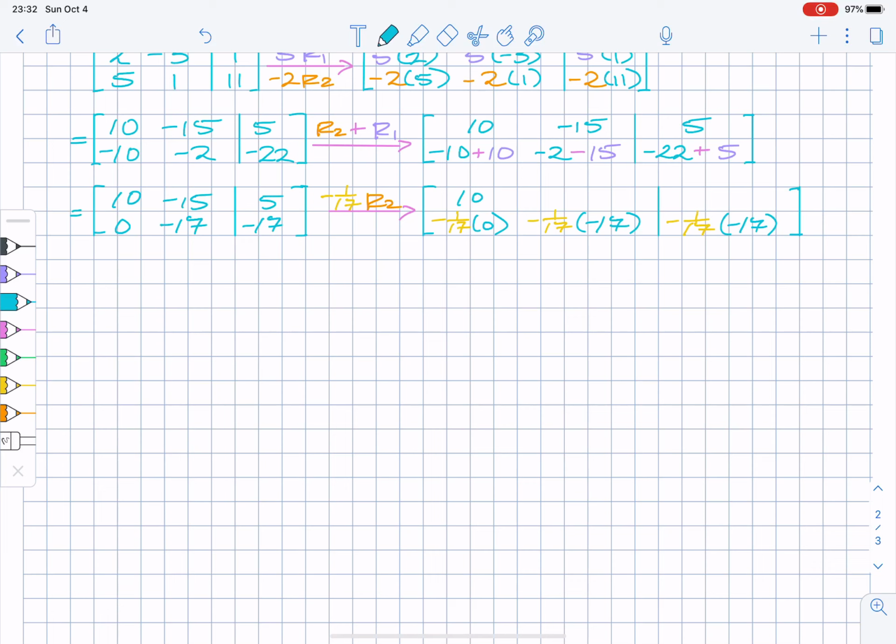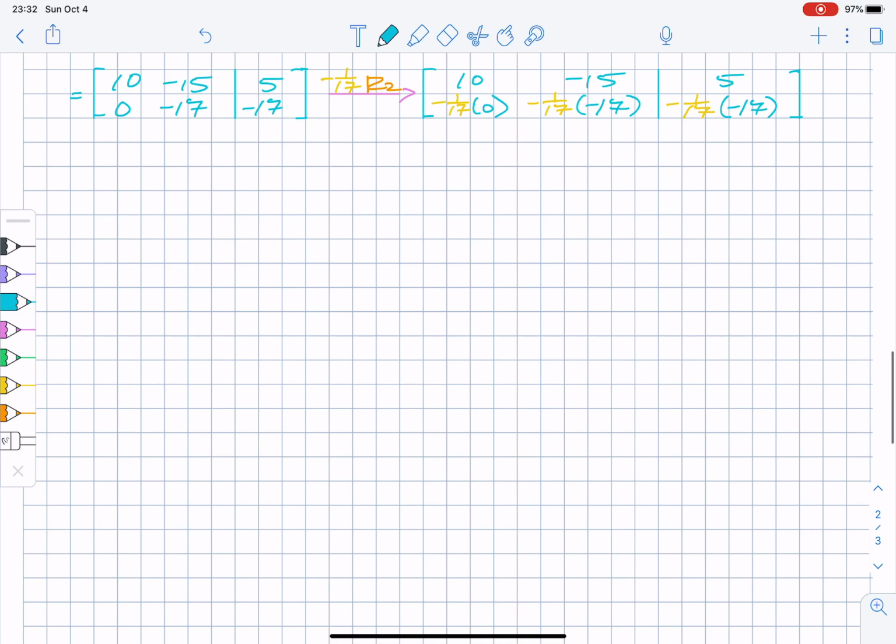It is 10, negative 15, and 5. Okay, so what does that give us? That gives us then 10 and 0, negative 15 and 1, augment 5 and 1.